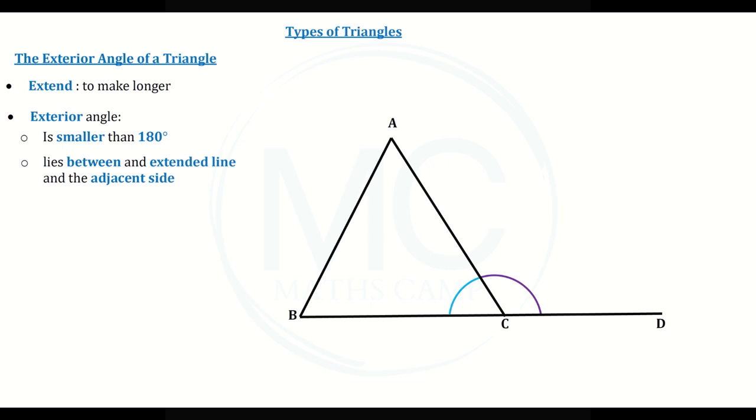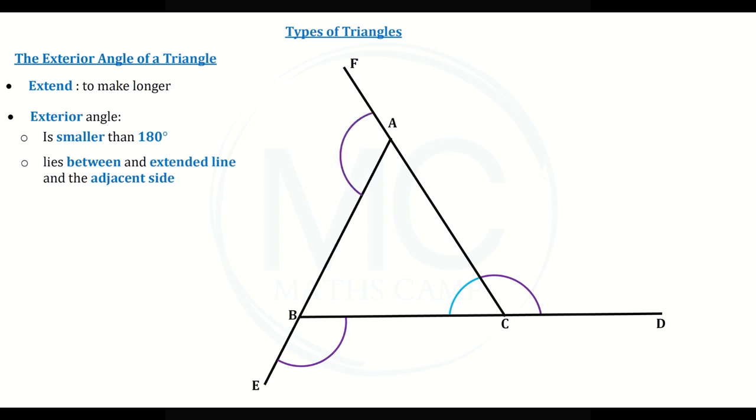For the sake of example, let's extend line AB to E and extend AC to F. At B, the exterior angle lies between the extended line BE and the adjacent side BC, so our exterior angle lies over here. At A, the exterior angle lies between the extended line AF and the adjacent side AB, so our angle sits over here.